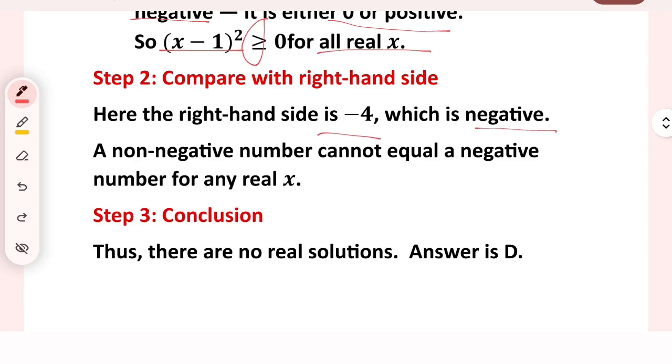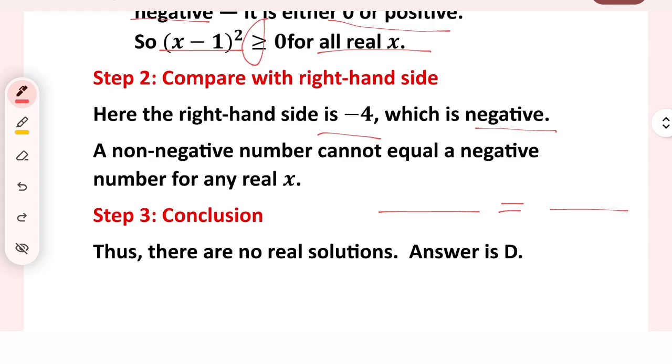So a non-negative number cannot equal a negative number for any real x. If we have a non-negative on the left side equal to a negative on the right side, that's not correct. A non-negative number cannot equal a negative number for any real value of x.